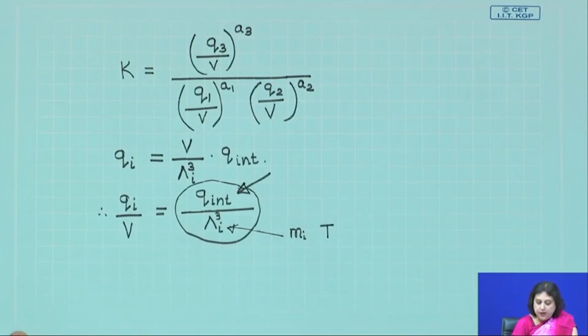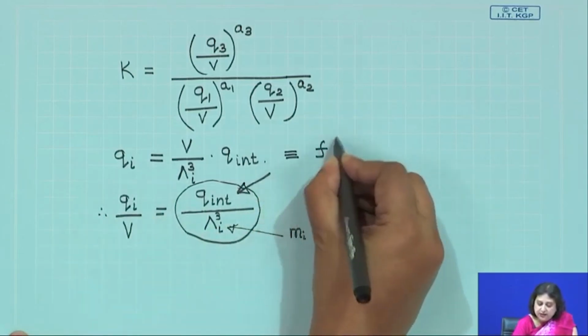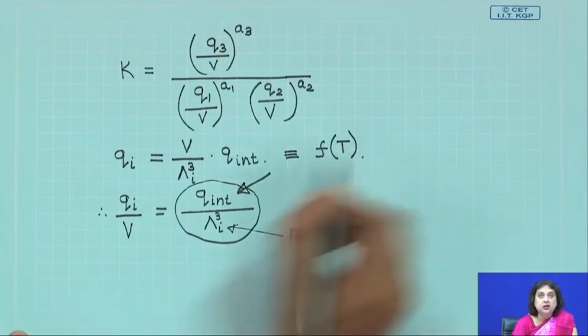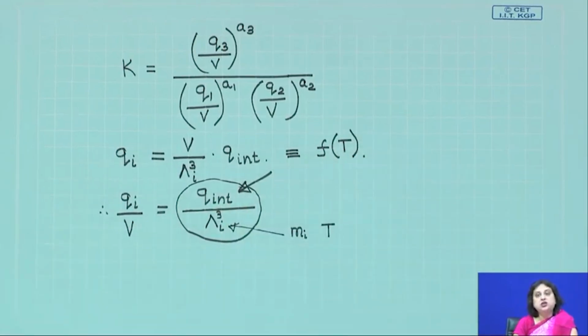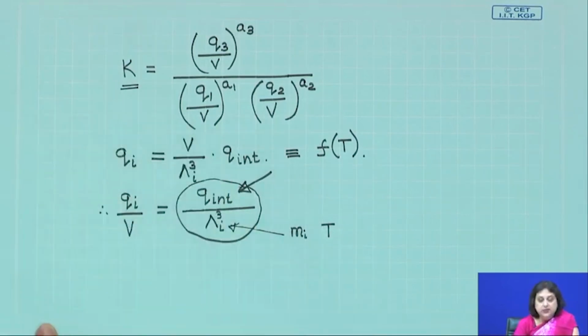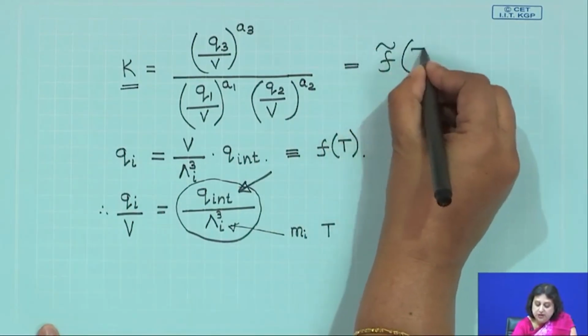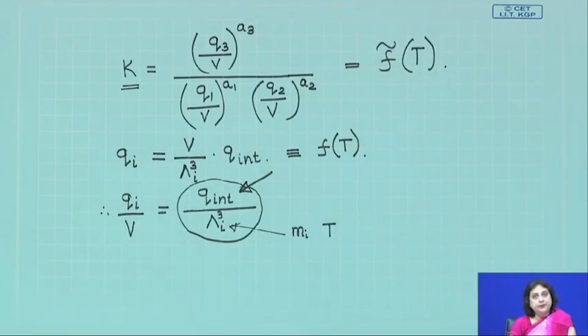And therefore, I would say that this qi in this reaction mixture is a function of temperature for a given combination of reactants and products. Therefore, if I go back, I see that K, this ratio at a given temperature, is some complicated function of temperature and temperature only. There is no dependence on pressure or any other external parameter.